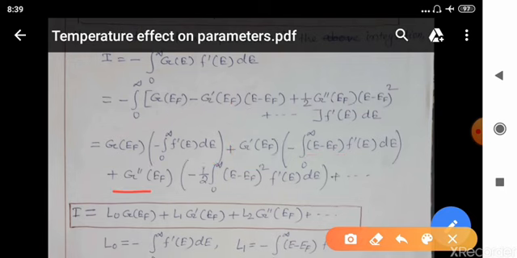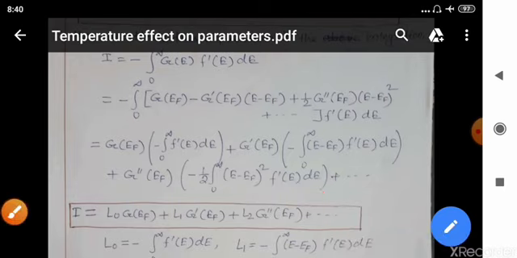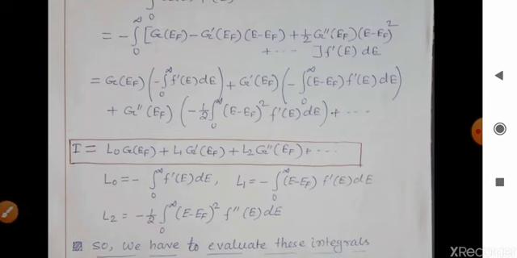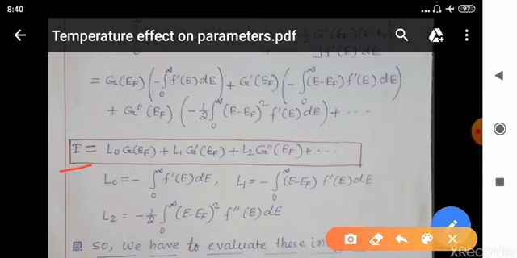And the last term is G double prime (EF) times minus half the integral from 0 to infinity of (E minus EF) whole square F prime (E) dE. So our integration becomes I equal to L0 G(EF) plus L1 G prime (EF) plus L2 G double prime (EF). What is L0?